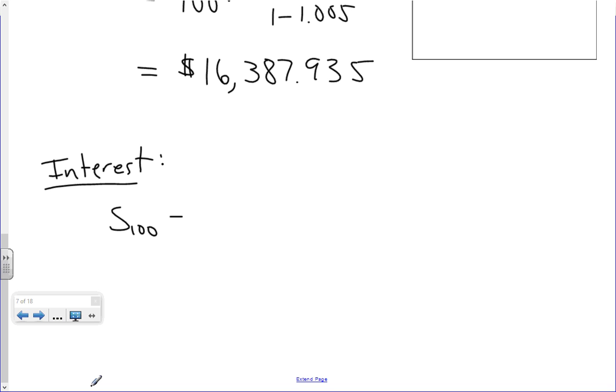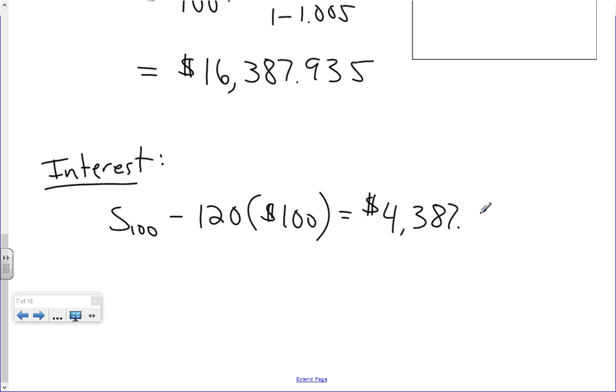I made 120 deposits of $100 each. So what is that, $12,000 that I deposited? Well, I can do that without my calculator. I can subtract 12,000 from that number, and I'd end up with $4,387.935.